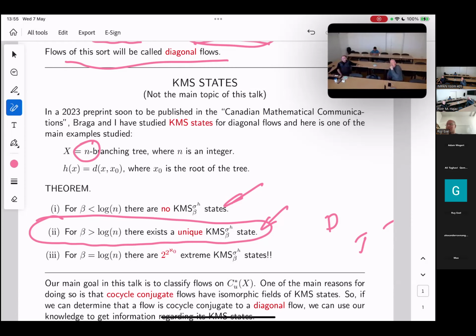Because entropy is a combinatorial invariant of some partition, I would like to understand this entropy in terms of the combinatorics of this n-branching tree.